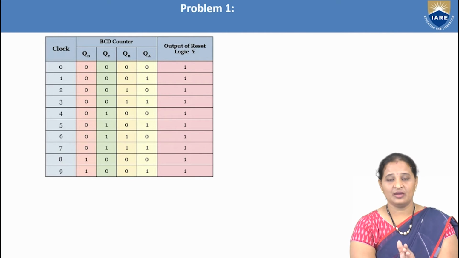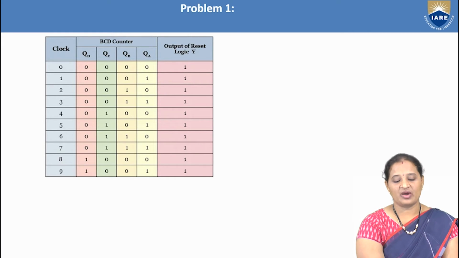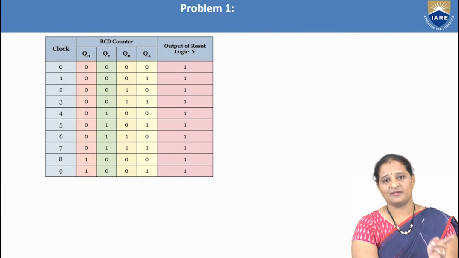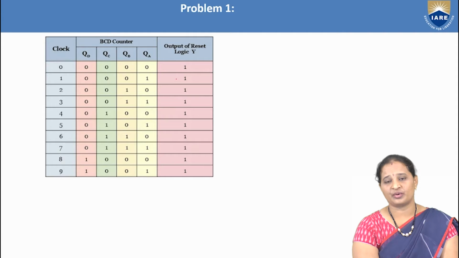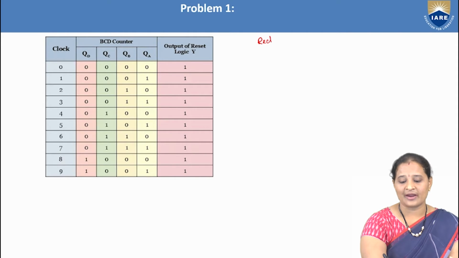So if it is a valid state, how do we derive the equation for the reset input? If it is a valid state, consider the reset input as 1. If it is an invalid state, consider the reset input as 0, because I am considering reset as active low.